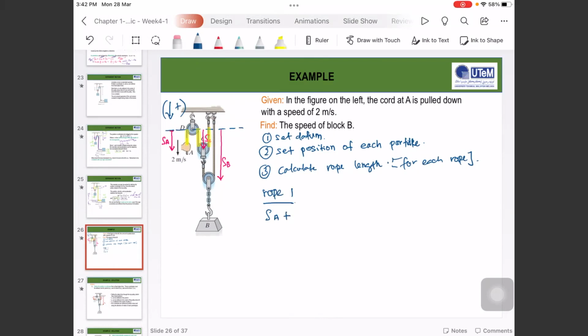So you have plus SC, SA plus SC, SA plus SC plus SC is equals to length of, okay.